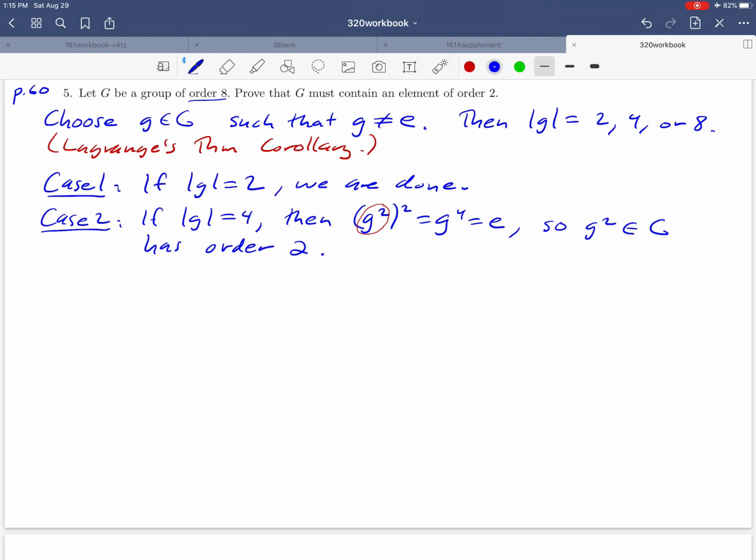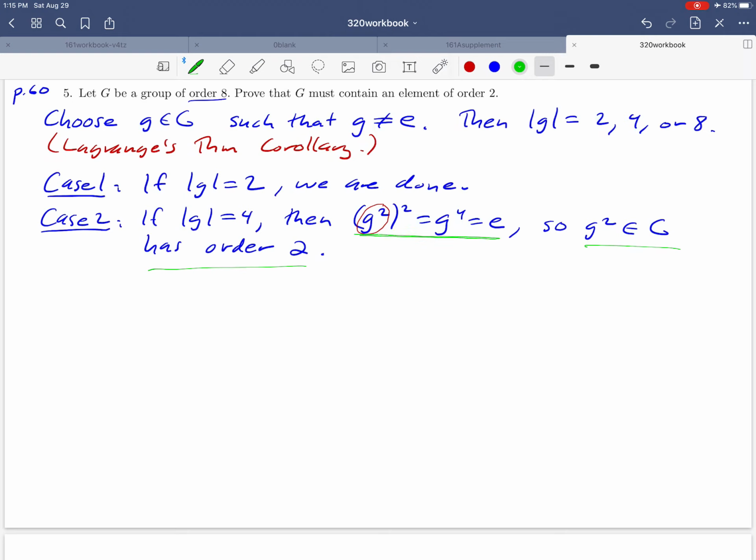Okay, now before we proceed to case 3, I have to make a little bit of a confession here. I left out a little detail in this argument. I jumped immediately to the statement that G squared has order 2. You might remember, if you look carefully back at theorems from chapter 3 and chapter 4, it's not quite that simple.